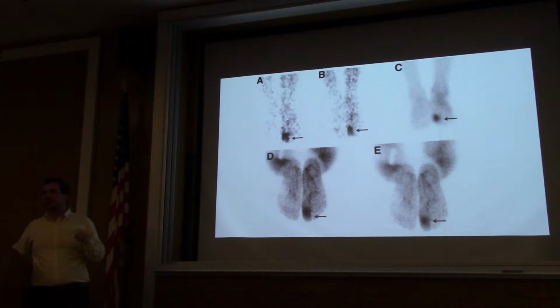The problem is that it is very, very, very non-specific. Almost always when we're looking for osteomyelitis in a patient who's got lower extremity cellulitis, they're already going to have inflammation in that area, and it's going to make a false positive test. So if somebody has a lower extremity cellulitis, a bone scan is not going to be a helpful test because it's going to light up in the area where the cellulitis is already.